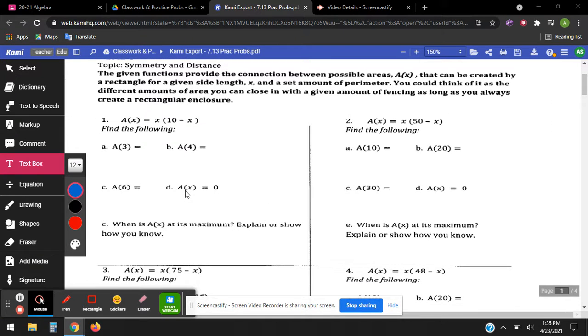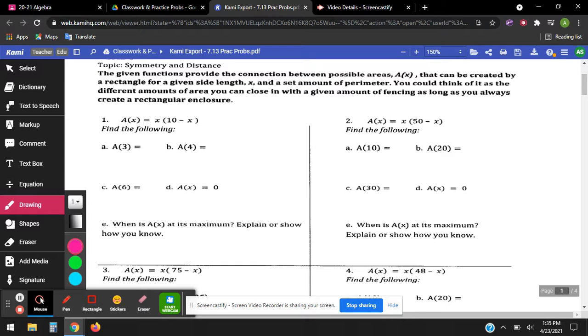All right. So A of 3. If I start with A of 3, I'm saying 3 times 10 minus 3, which is 7. So that is 21. Here I'm saying 4 times 10 minus 4, which is 6, and that's 24. Here it's 6 times 10 minus 6, which is 4.